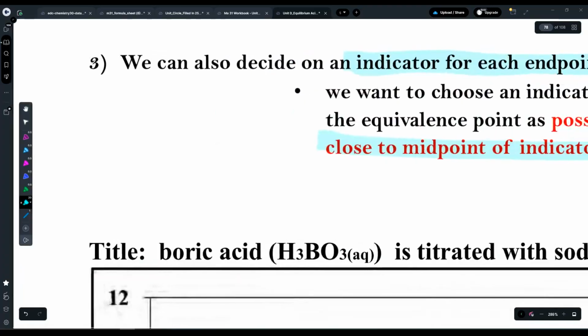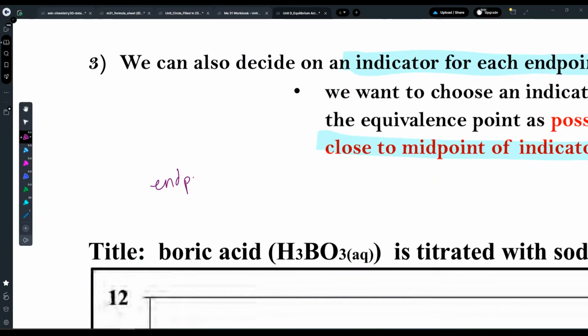Okay, just to summarize, your endpoint occurs at the middle of the steepest part of your graph, and there can be more than one steep part of your graph. It just depends on what is in your sample solution.